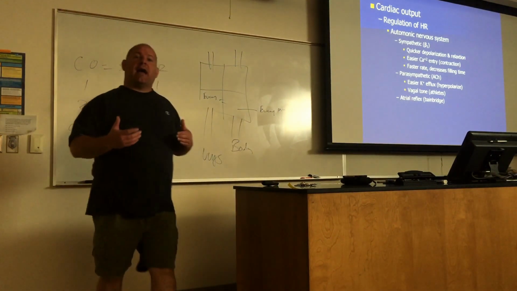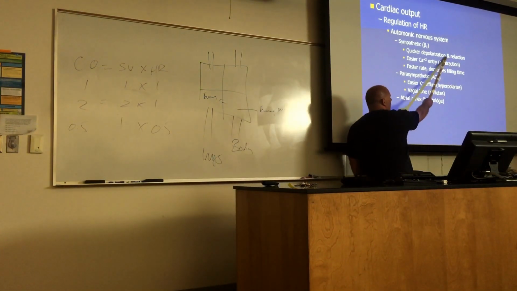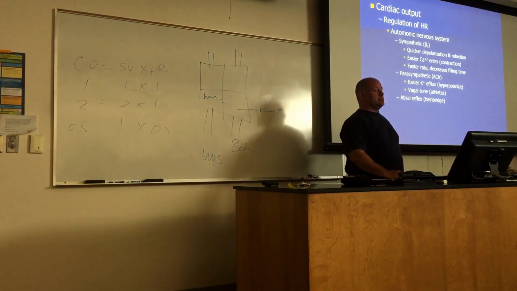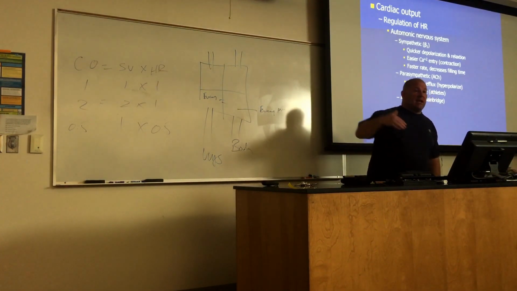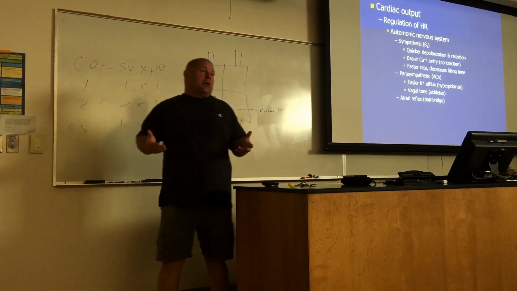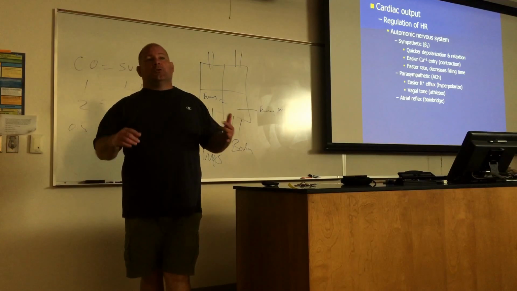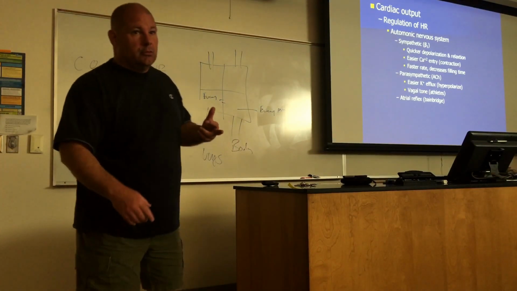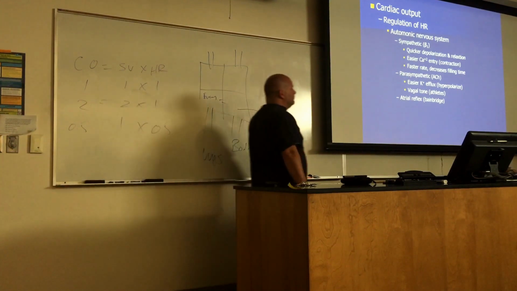So the other thing that this allows is for quicker relaxation, because then I can depolarize quicker again. This allows the heart rate to go up. Why do I want the heart rate to go up? It needs to go up because you're nervous. It needs to go up because you're going for a run. It needs to go up because the dinosaur is chasing you. Okay? We need to deliver more to the tissues than what the tissue has.